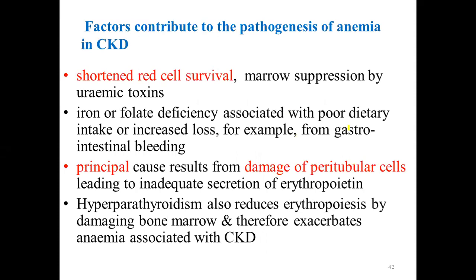So what causes anemia in CKD patients? Remember, the toxin can reduce the survival time of the RBCs, and it can even cause marrow suppression. This is due to uremic toxin. Apart from that, there is a possibility of iron and folate deficiency associated with poor dietary intake or increased loss, for example, due to GI bleeding.